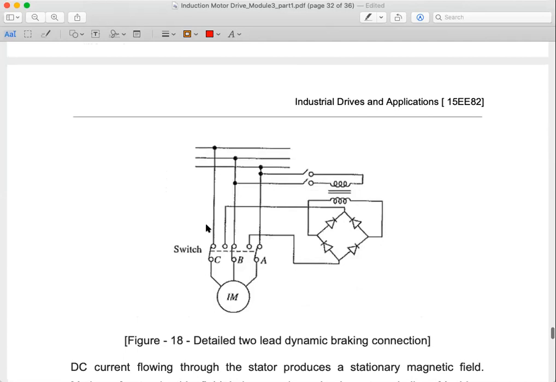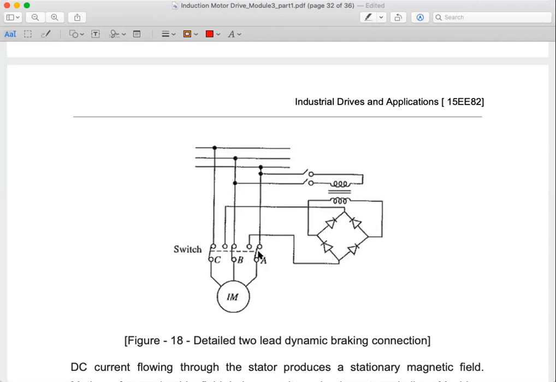With that, this is the circuit diagram. The C terminal is not connected anywhere; it is open. Between B and A, through this isolation, we have a rectifier connected.